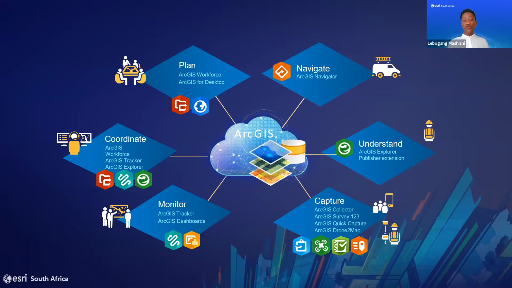But you can also utilize something called ArcGIS Drone2Map if you want to capture raster or imagery on the field, right? So you basically apply whatever your workflow is, what the outcome of the project is, you choose an application from the list we have and you start capturing data.